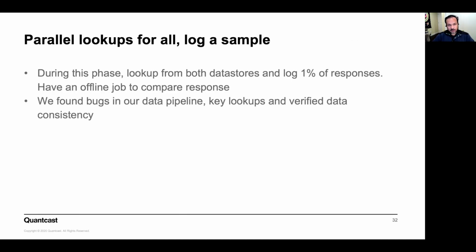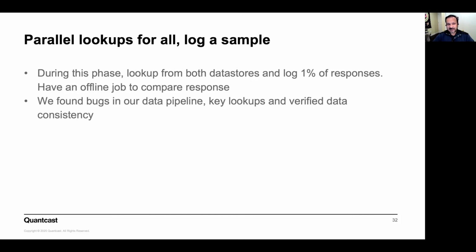During the initial release, we would sample 1% of the bid requests, and for those we would read from both Keebler and Aerospike and log the response from both the systems into a log file.